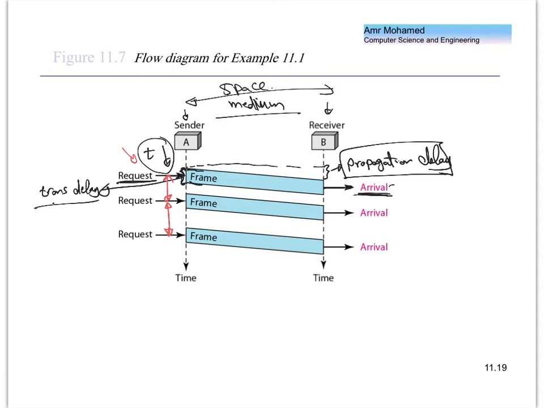No, there's no specification for how often here, because it comes from the network layer. So every time the network layer has a packet to send, it generates that event, and that's why, as you notice here, it's not fixed. Between the first frame and the second frame, you have a specific time. Between the second frame and the third frame, you have a different time.